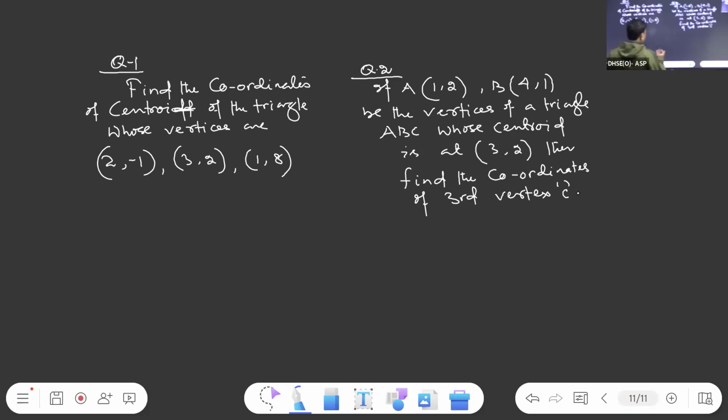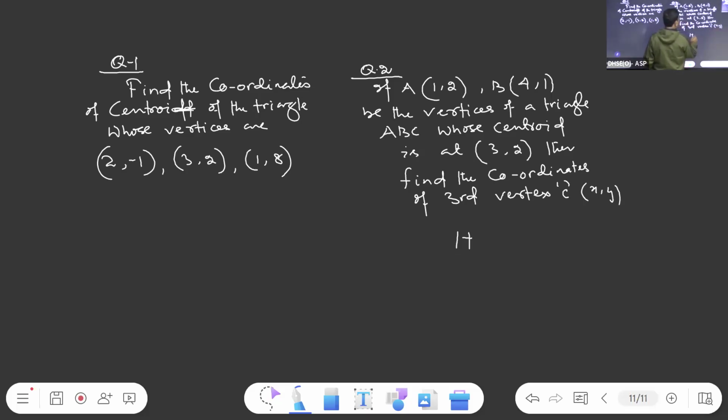Let me check the answer. Four answers: (4, 6), (4, 3). Which one is correct? Let me check. So let the coordinates of vertex C be x comma y.